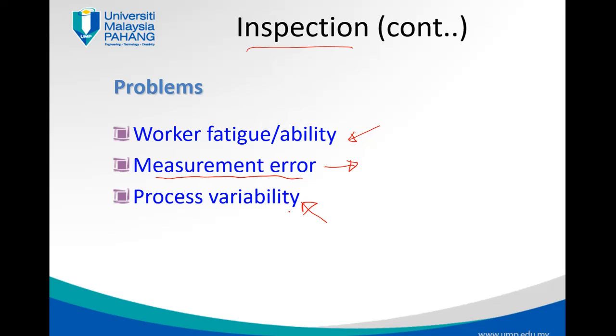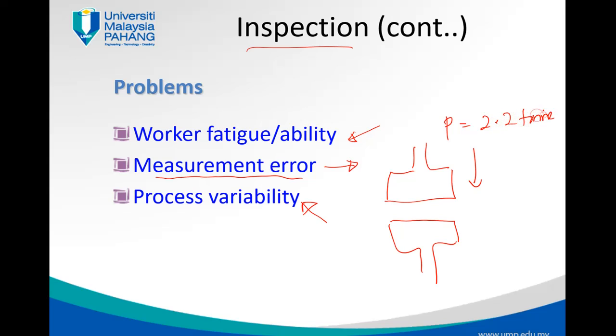For example, if we have a stamping process, we have a die, upper and lower die. The pressure, for example, should be 2.2 ton. So they have some plus minus here.